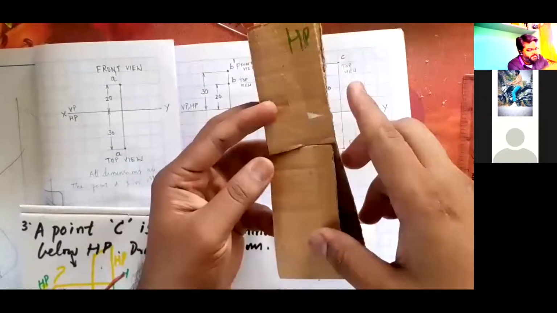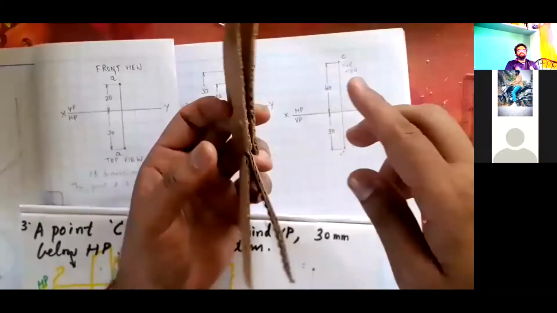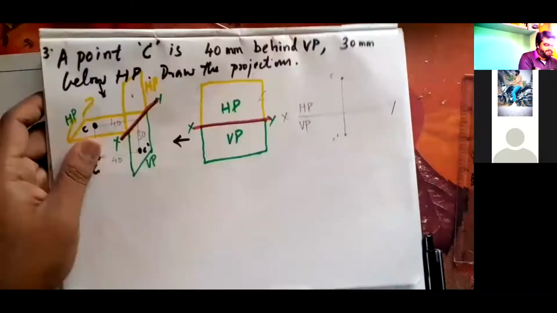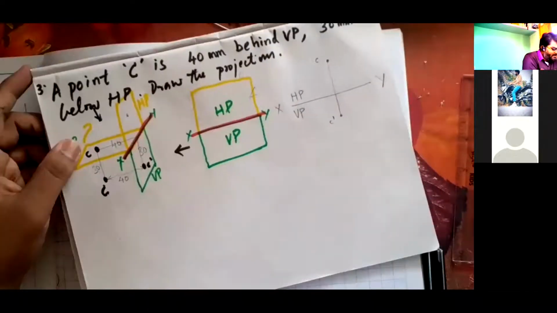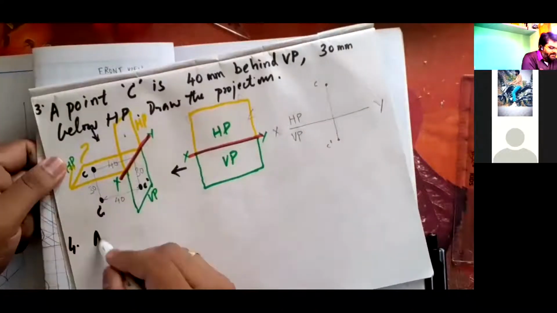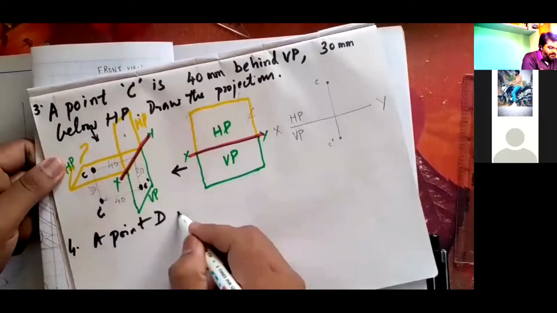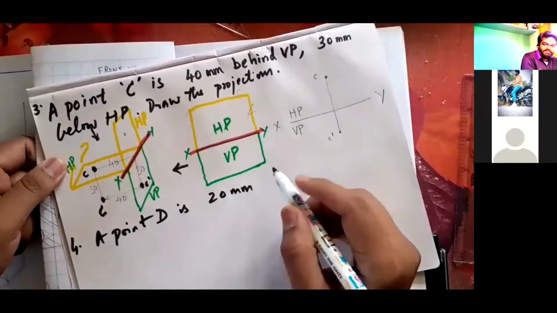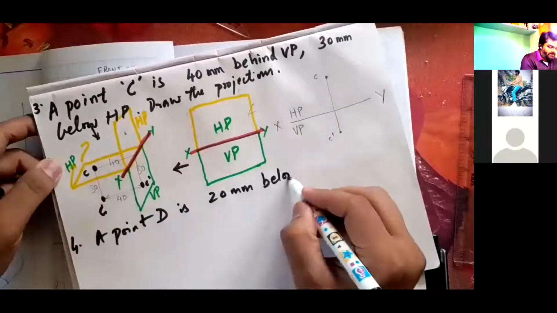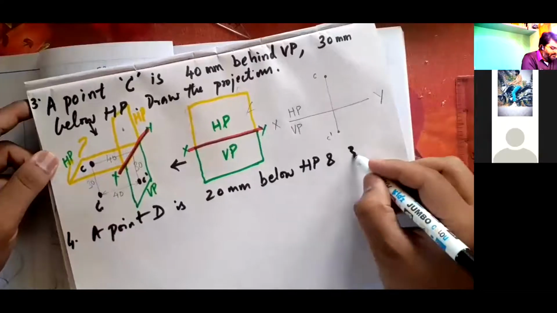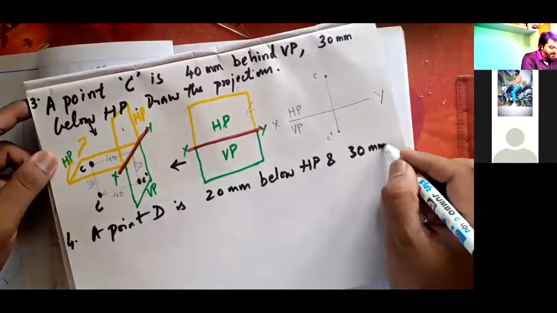We'll see the applications of these things also after completing the fourth quadrant, which is very simple, and let us finish it fast. So a point B is 20 mm below HP and 30 mm in front of VP.